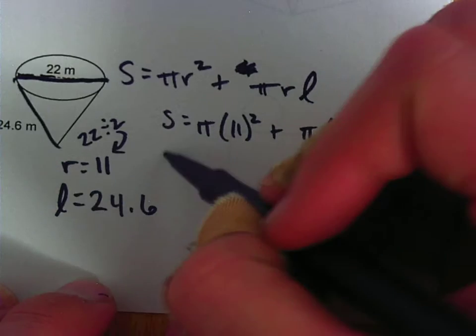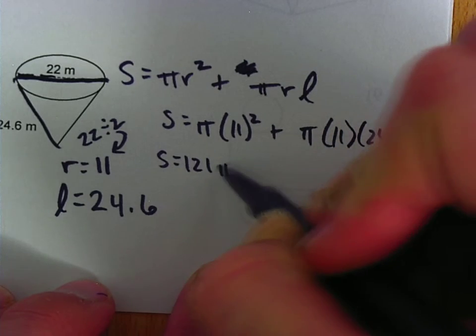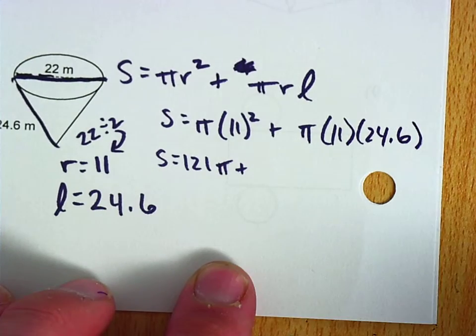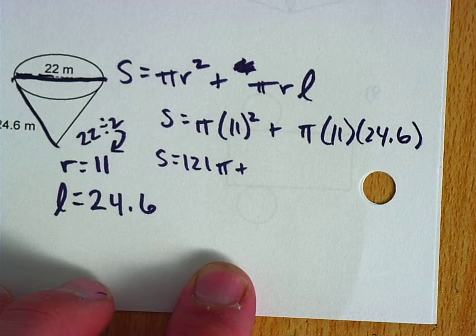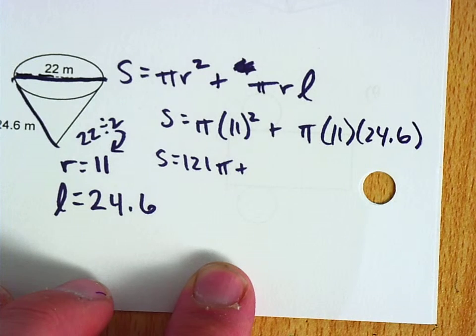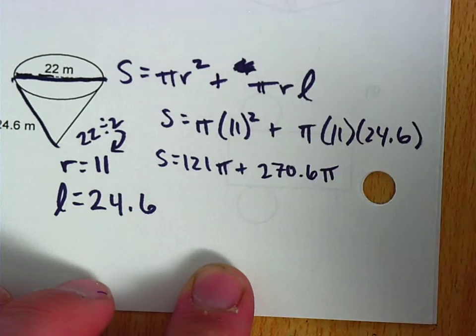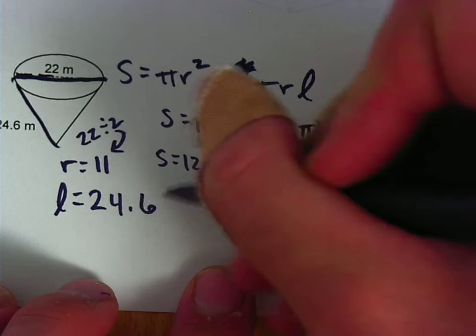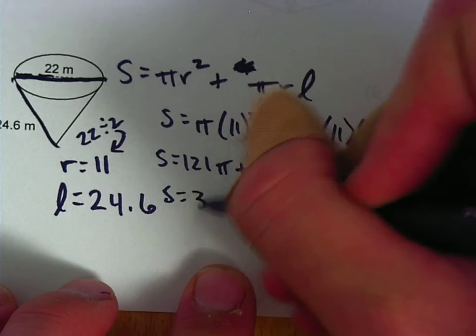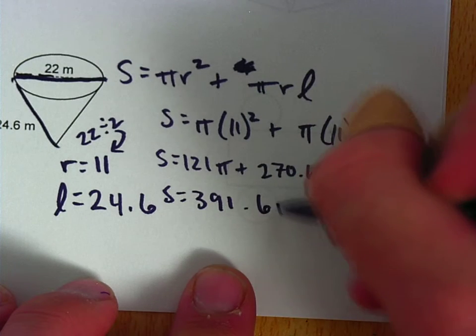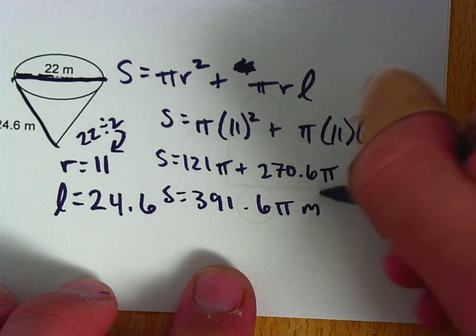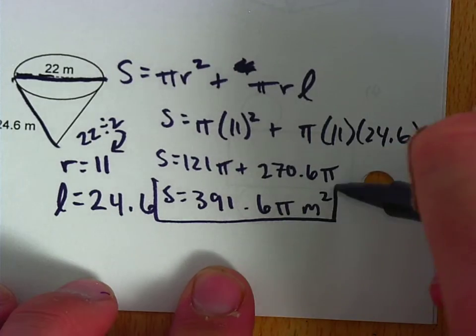Well, 11 squared is 121 pi. 11 times 24.6 is 270.6 pi. And we add them together, we get 391.6 pi meters squared.